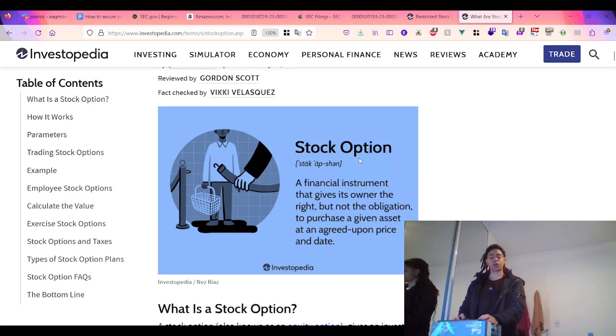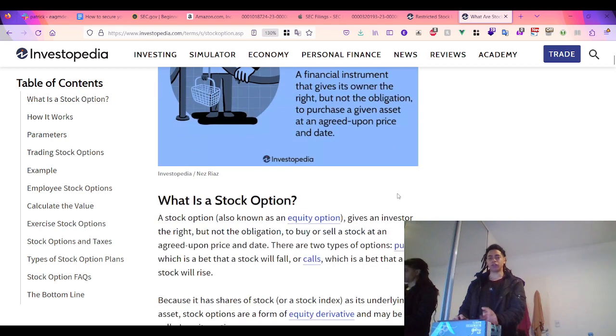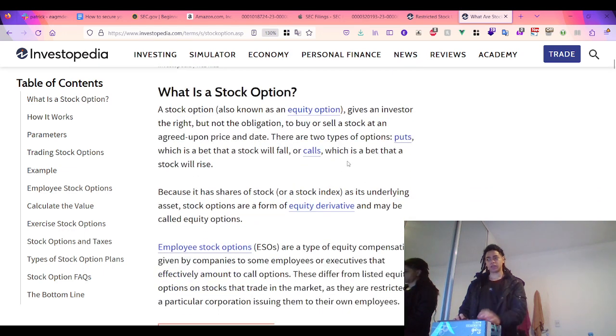So a stock option is a financial instrument that gives the owner the right, but not the obligation, to purchase an asset at a given price and date. You have two types of options: puts and calls. Puts are a bet that the stock will fall, whereas calls are a bet that the stock will rise.